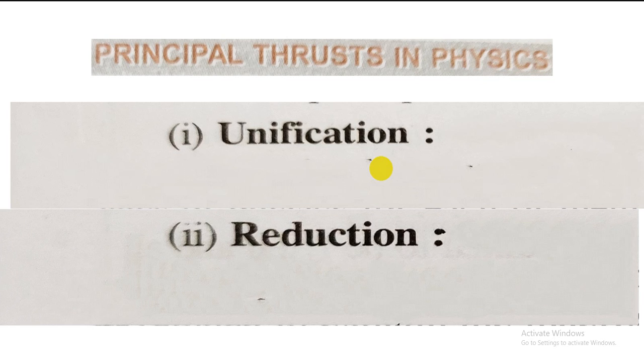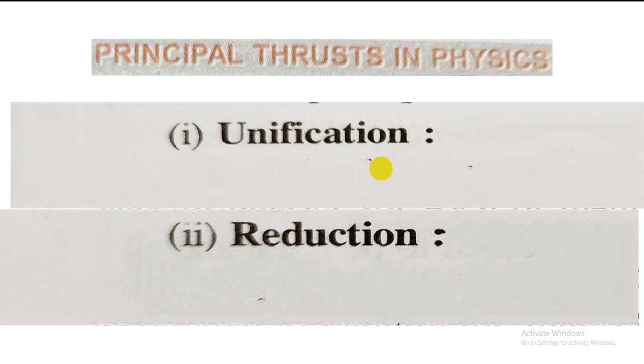Reduction is the opposite process of unification, which is also very important in physics. In reduction, the bigger complex system we study by knowing their smaller parts. So that is reduction. I can quote one example so that you can understand it.